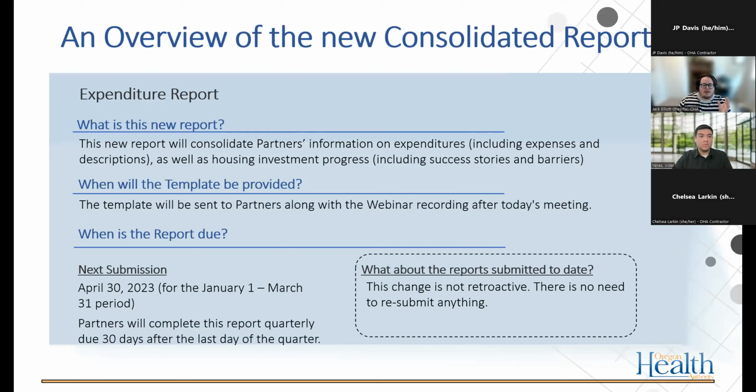Another note is that these changes are not retroactive. You do not have to go back and redo reports or anything like that. This is going forward, so there's no need to resubmit any reports that you've done already. Next slide, please.